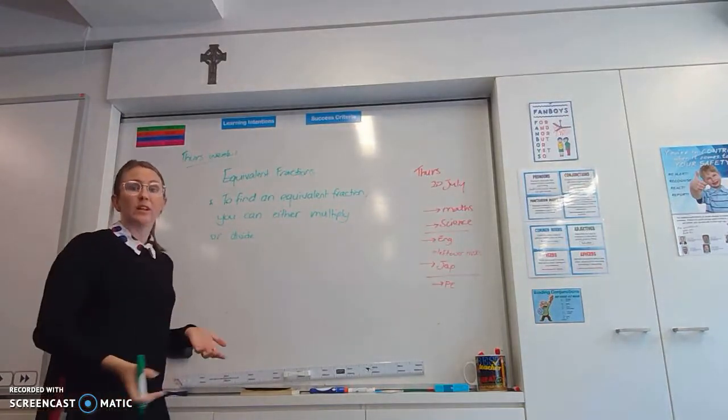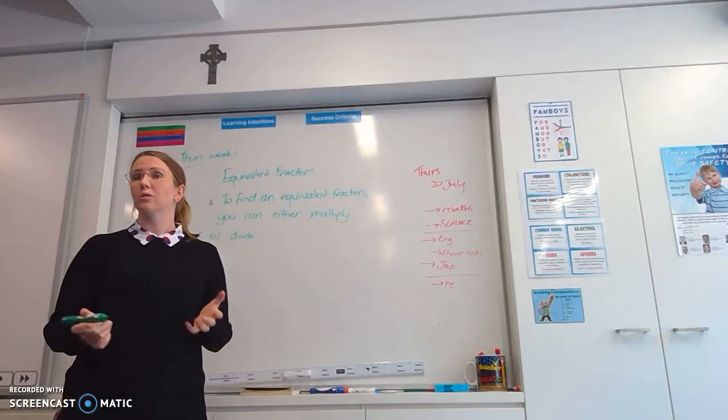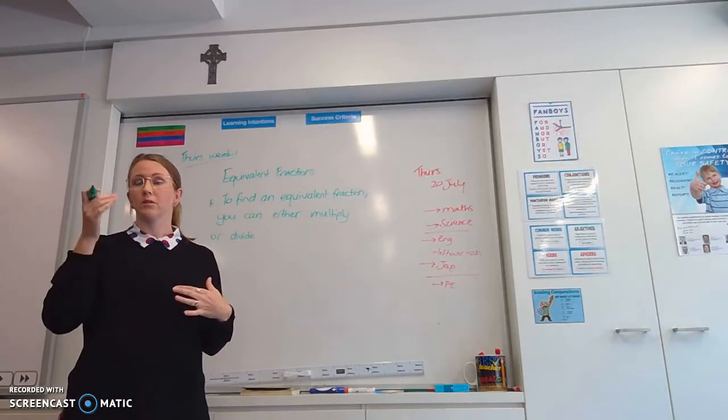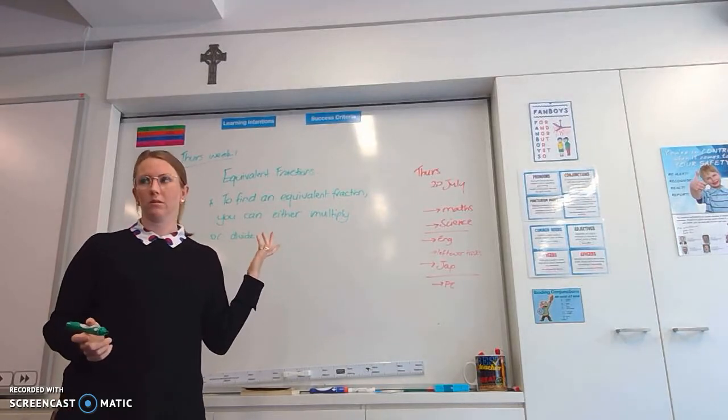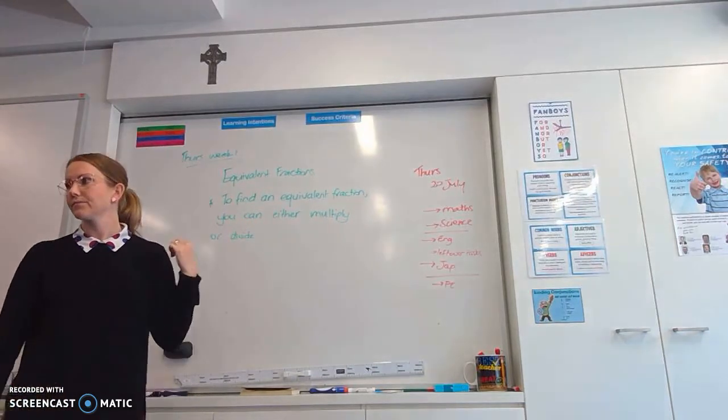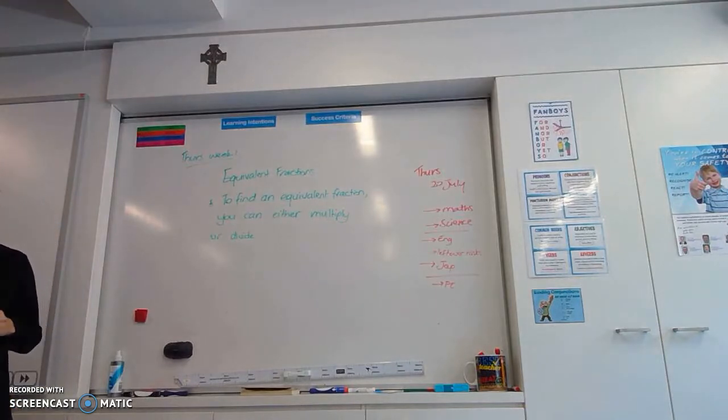Now, the easiest way to do that is to double both numbers, or you can halve both numbers, which is essentially either multiplying or dividing. Okay? You just have to write that down.